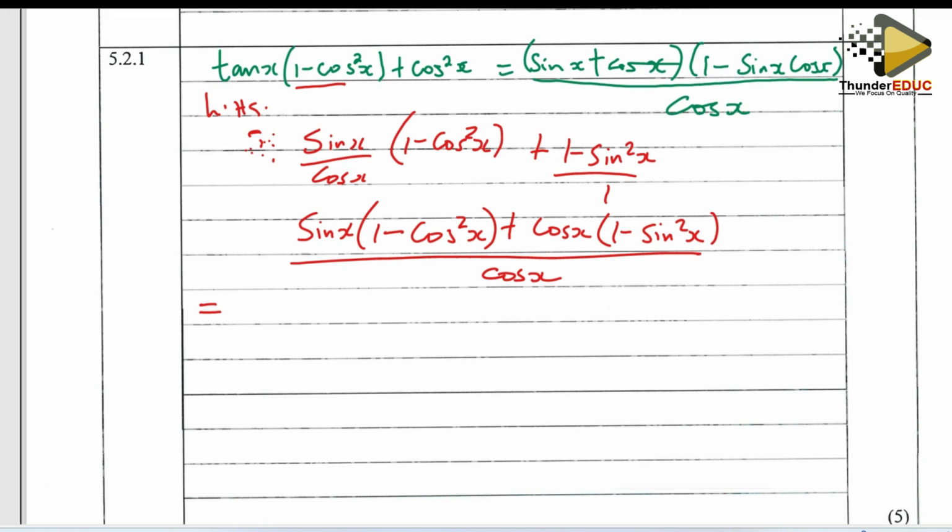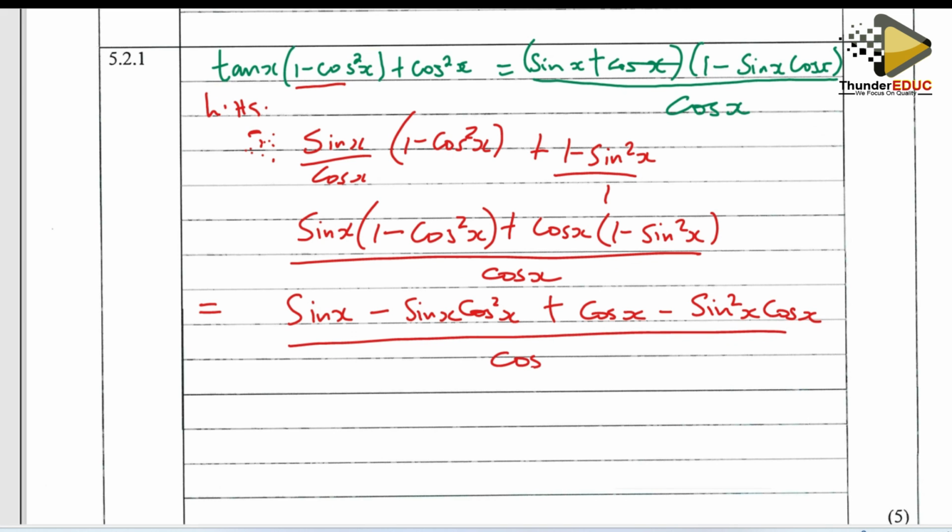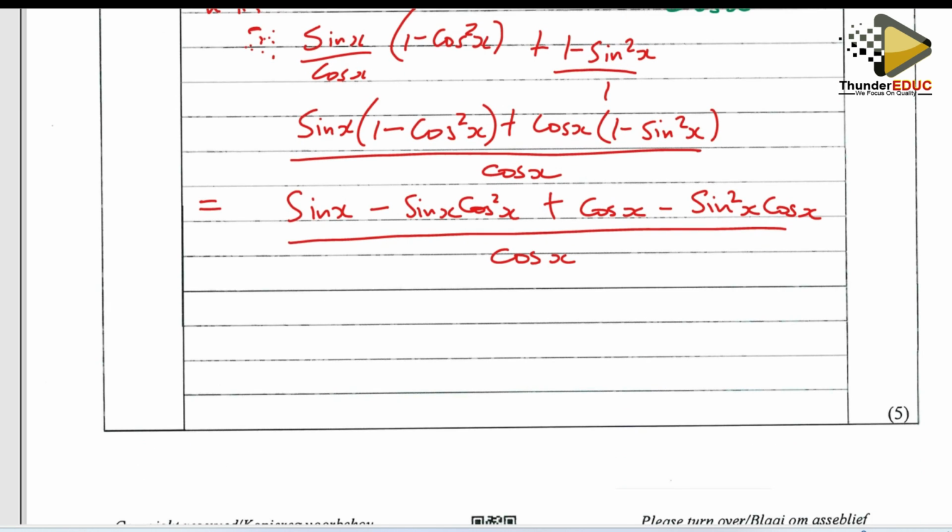Okay, let me try to open up. I'll have sine x minus sine x cos squared x plus cos x minus sine squared x cos x. Everything is over the cos of x. Okay, what's common? This is a sine squared, this is a cos squared.